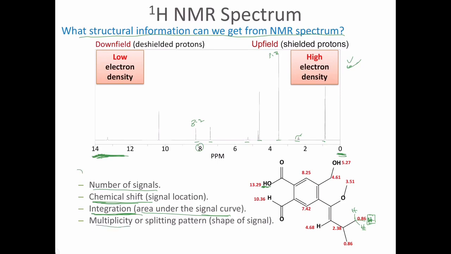These are the things we're going to look at one by one. When we look at a structure, the signals will appear at specific regions, and we can determine the position of those protons, and that can help us build the structure of the unknown molecule.